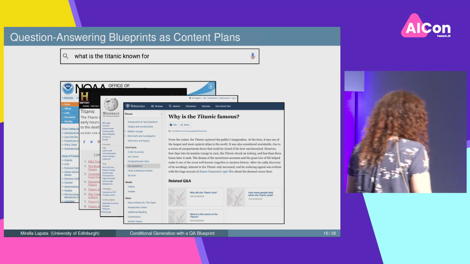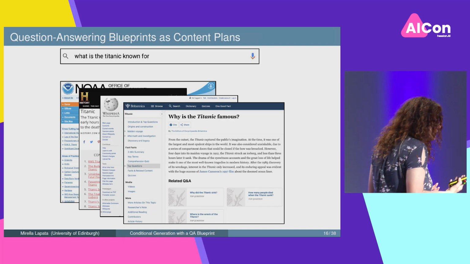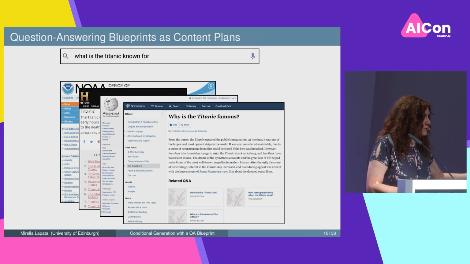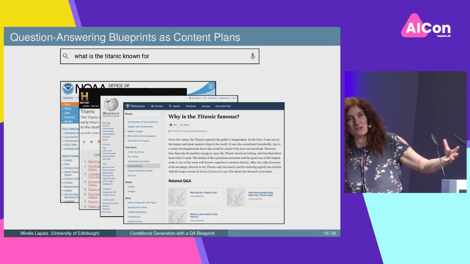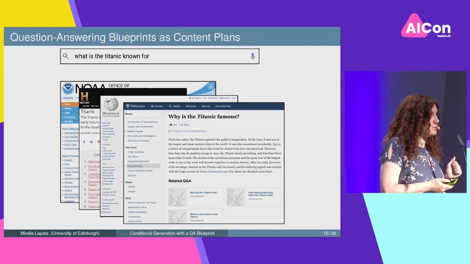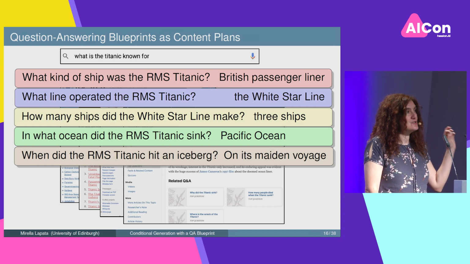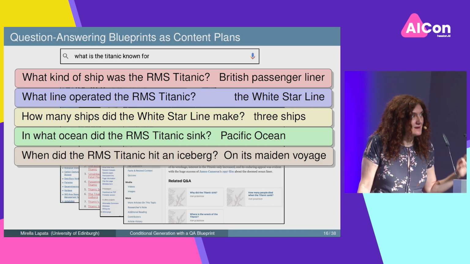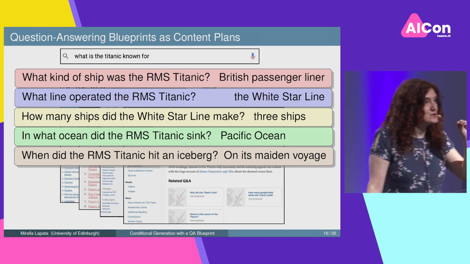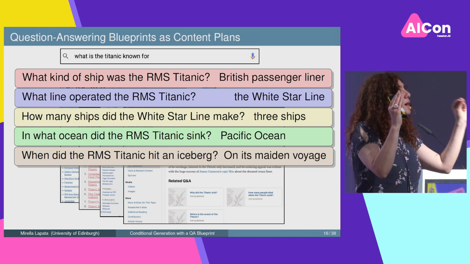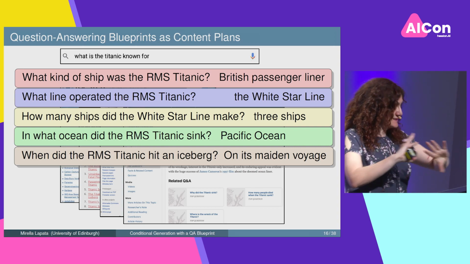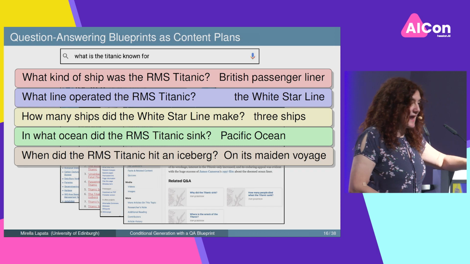So imagine you have a question here, what is the Titanic known for? And you have some input, which are all these documents that your favorite search engine gives you. Now, what the model will first do is generate the plan. And the plan is what we call a blueprint, and it's a set of question-answer pairs. I'm going to tell you how we get these, but first, just see how it would work in action.